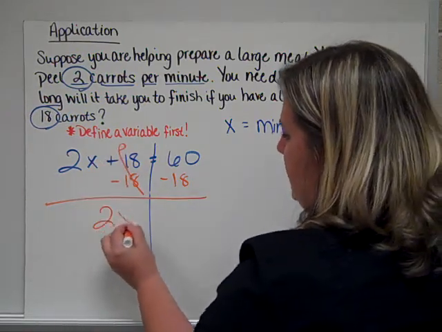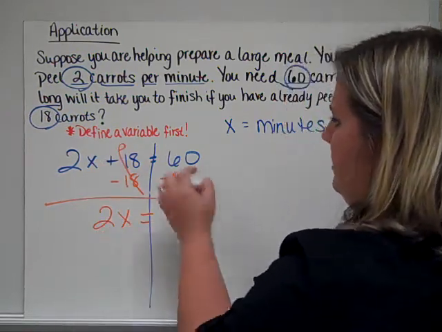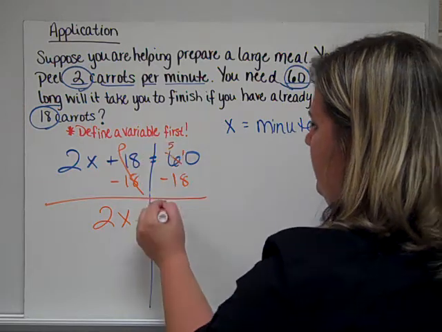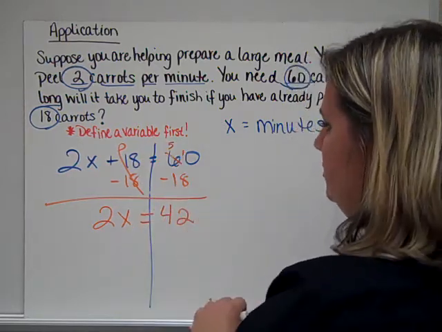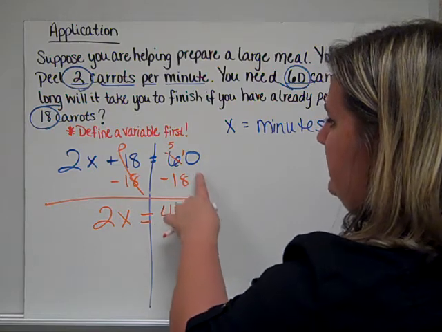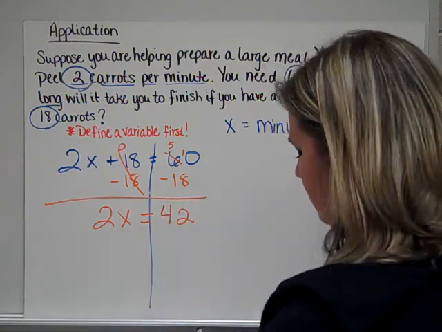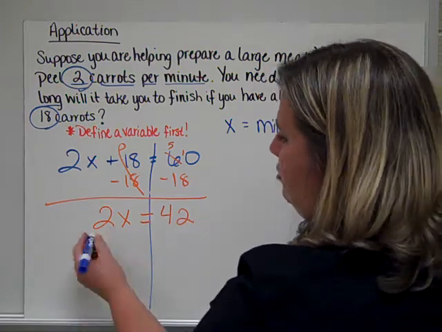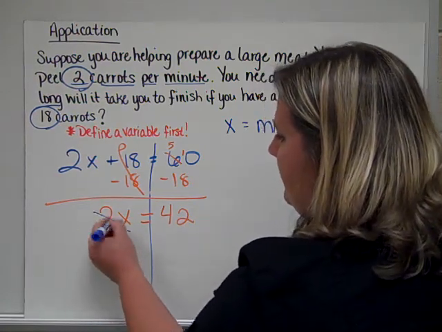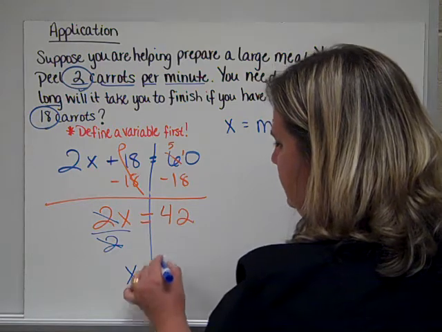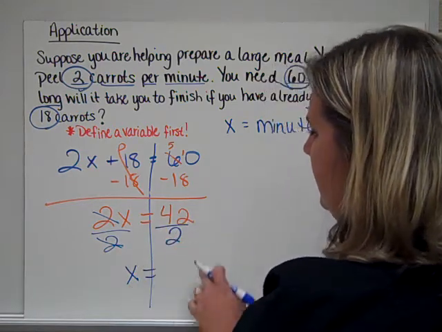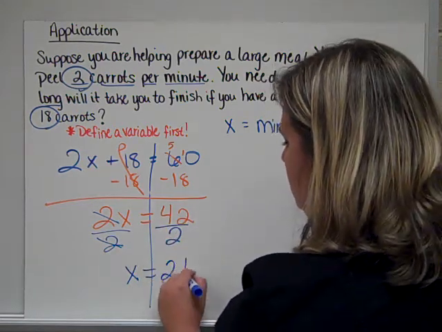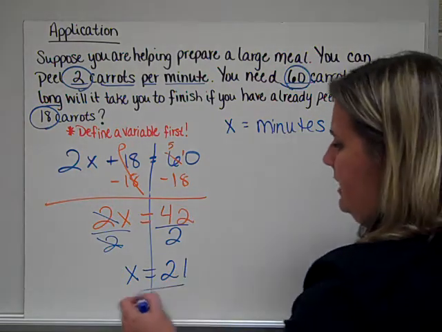So 2x comes down, and 18 from 60 is 42. Now here is where 2 is my coefficient. That is being multiplied. We always divide by that coefficient, and x is on the left, and then 21 on the right. x equals 21.